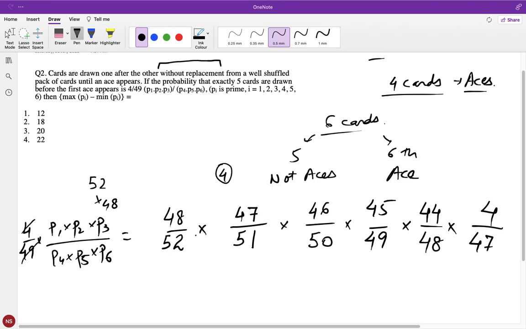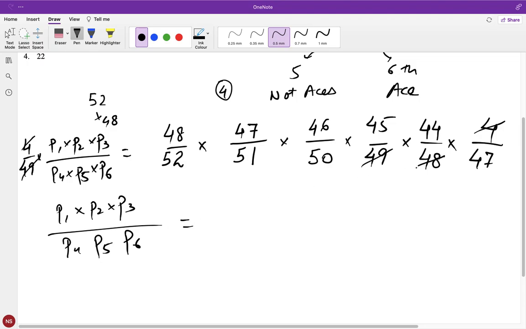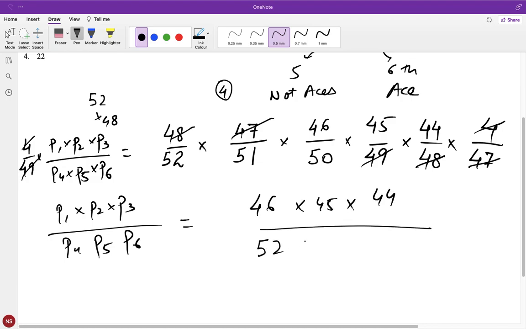So 4 by 49 I'm going to just remove, and let us not use P1 to P6 for now. 48 is cancelled. Okay, 47 is cancelled. I'm left with 46, 45, 44 over 52, 51, 50.